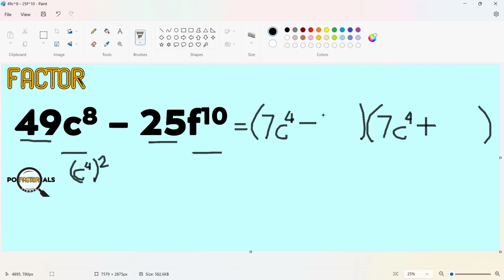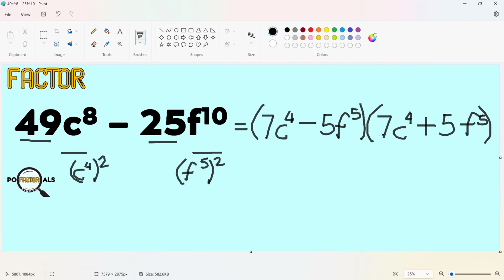The square root of 25 is 5. So 5 here as well. f to the power of 10 can be written as f to the power of 5 raised to 2. In short, the square root of f to the power of 10 is f to the power of 5. Right here, this as well.